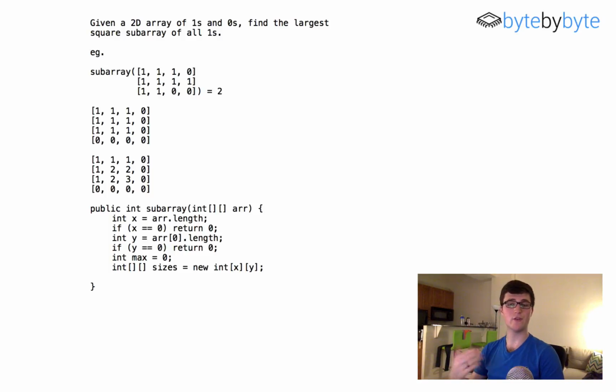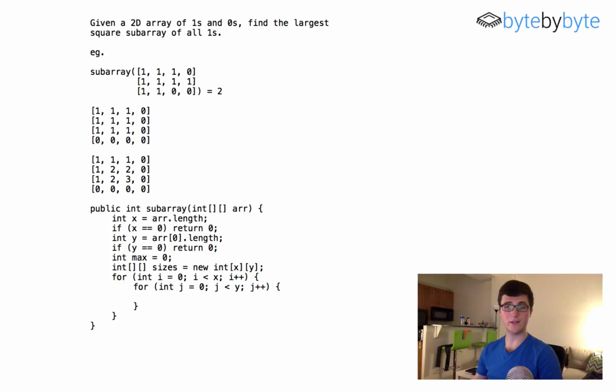And then I'm going to do a for loop and iterate through this entire array, and compute it exactly as we talked about up here. So I'm going to say for int i equals 0, i is less than x, and i plus plus. And we're doing this nested for loop, so for int j equals 0, j is less than y, and j plus plus.